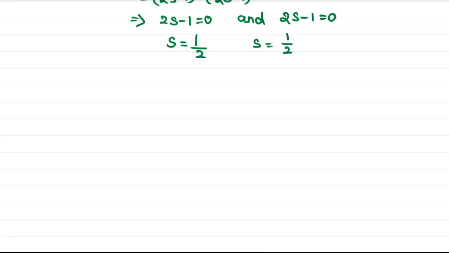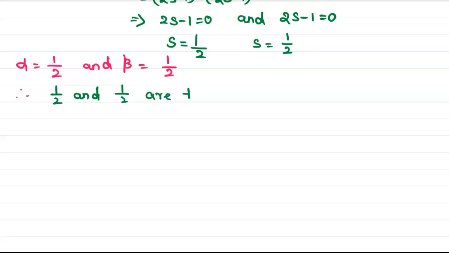For this let us assume that alpha is equal to 1 by 2 and beta is also equal to 1 by 2. So 1 by 2 and 1 by 2 are the zeros of the given polynomial.